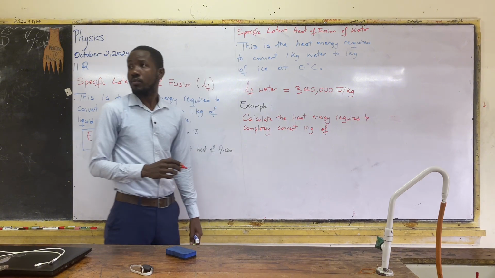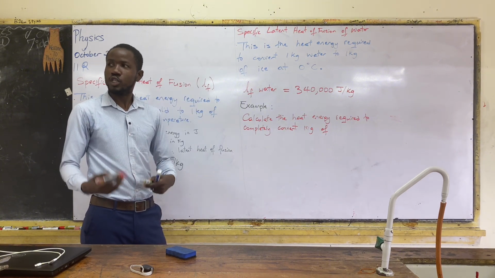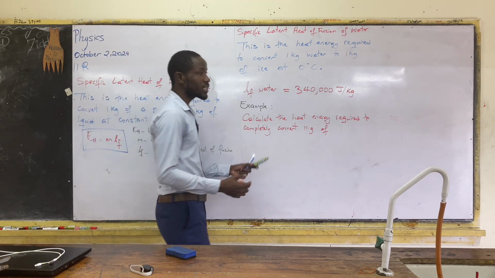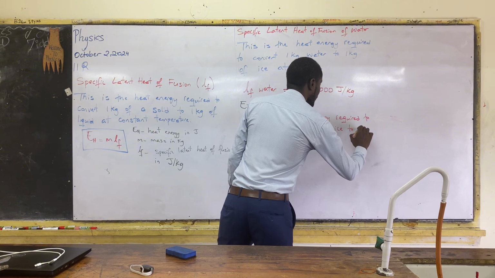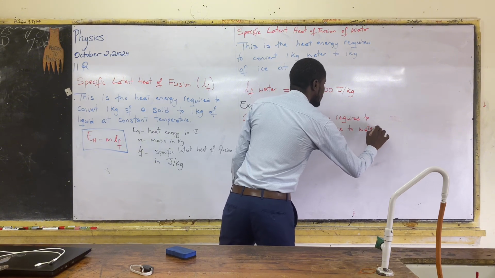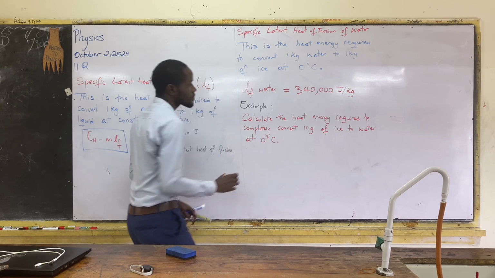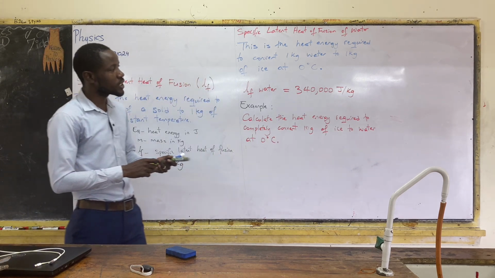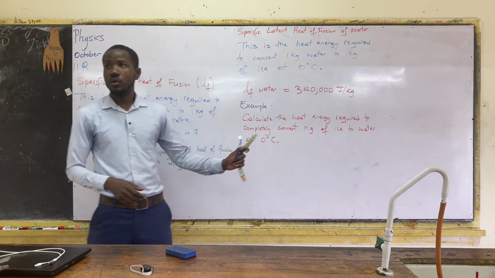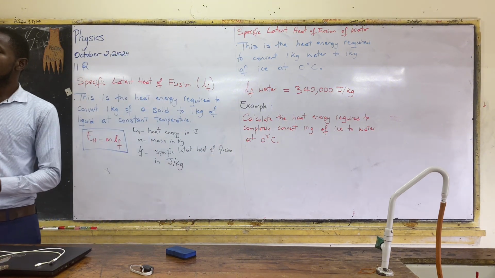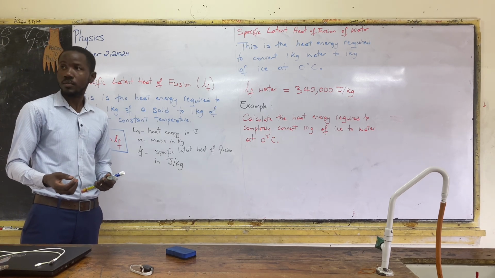I like to have the conversion so we're reminded of how to convert. 10 grams of ice to water at 0 degrees Celsius. So we want to know how much heat energy is required to completely convert 10 grams of ice, which is initially at 0 degrees Celsius, to water, also at 0 degrees Celsius.